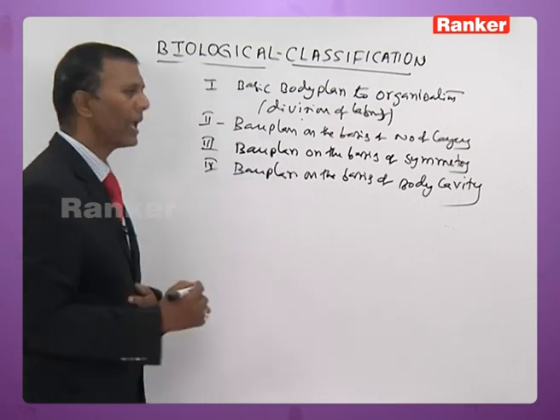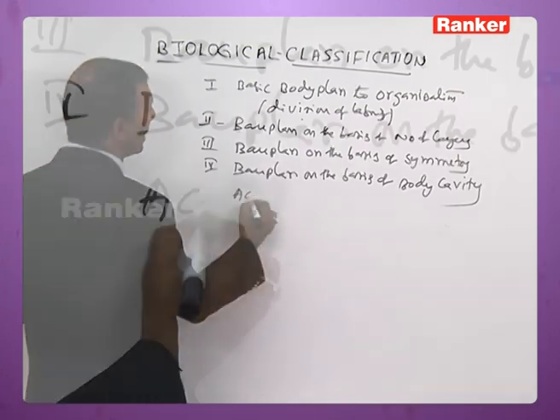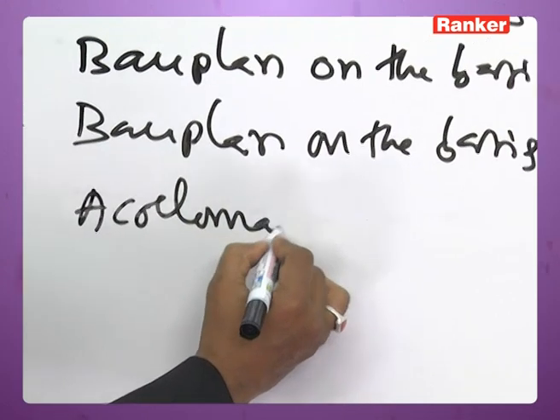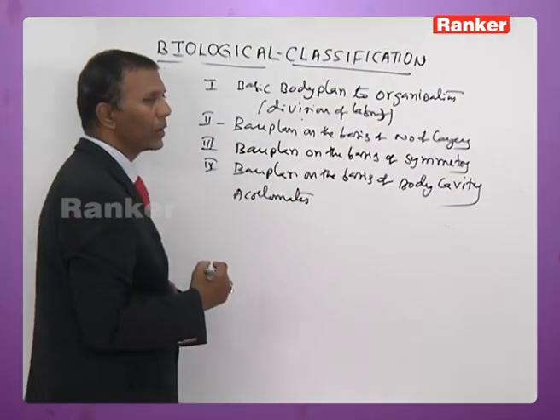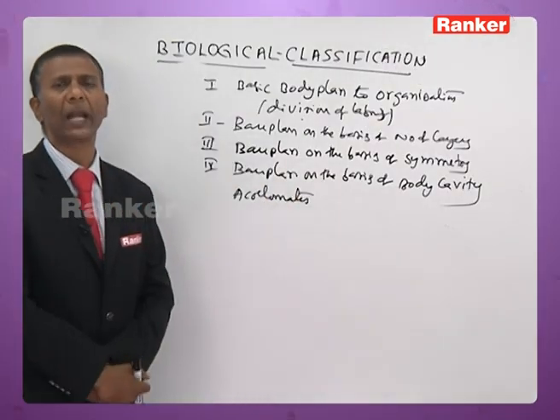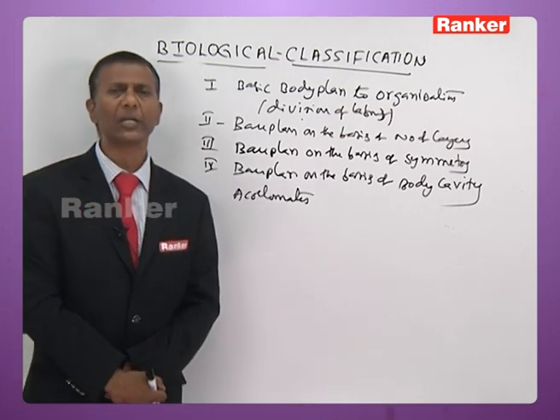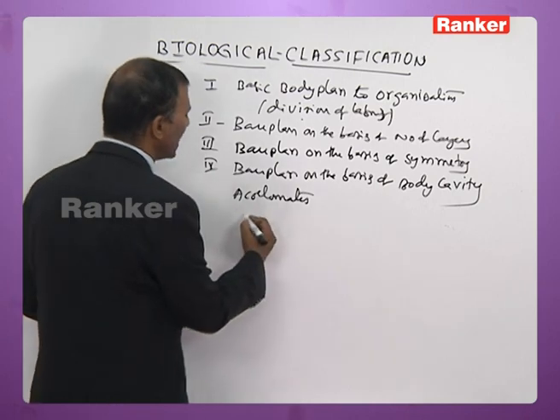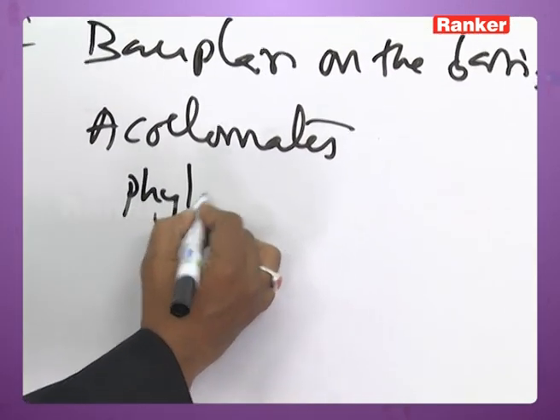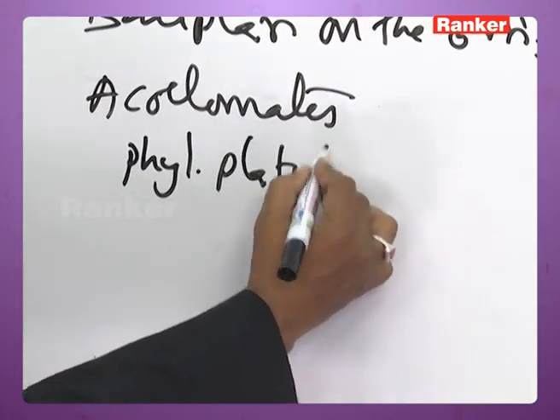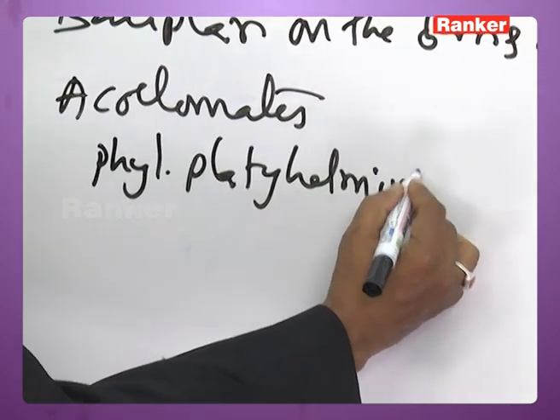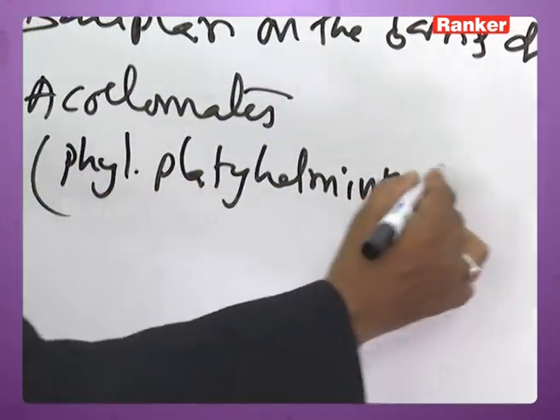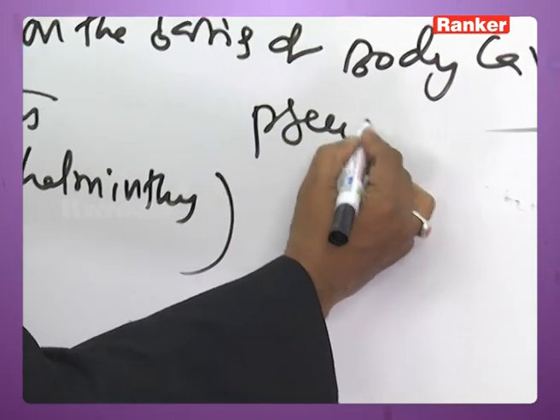On the basis of the body cavity, you divide them into, number one, acoelomates. In acoelomates, body cavity is completely obliterated by the mesodermal tissue called parenchyma or mesenchyme. The best example for acoelomata is phylum Platyhelminthes. Then next you have pseudocoelom.